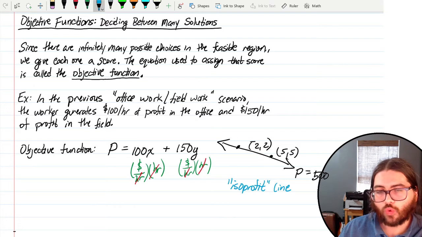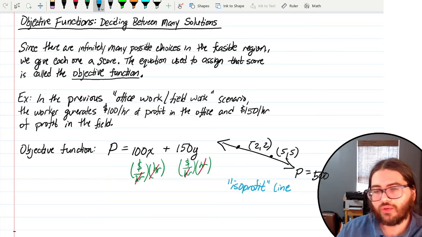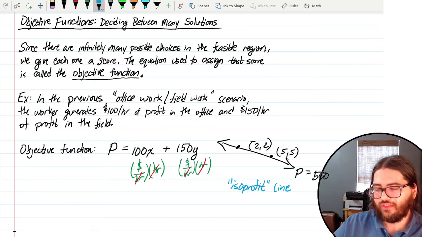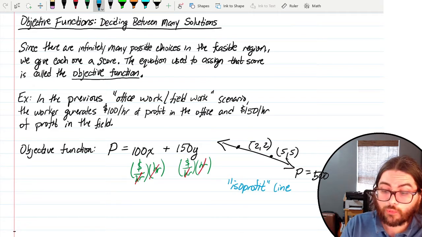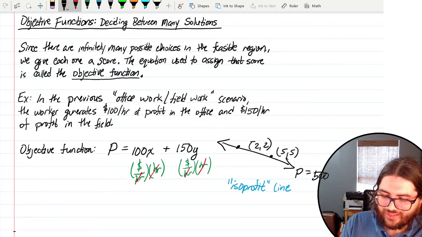I will rarely draw you an ISO profit line in the graph, right? We'll just use that as an idea that all of the things of the same profit value, the same objective function value, they fall on a straight line. So we won't need them too much outside of today, but I will refer to it as an ISO profit line, right? Geek squared.